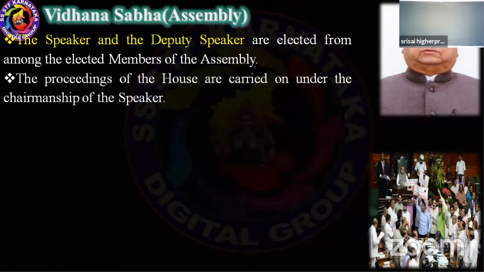The proceedings of the house are carried on under the chairmanship of the speaker. If the speaker is in the state, all sessions will be handled under his leadership. If he is not in the state, the deputy speaker will carry on all the activities.